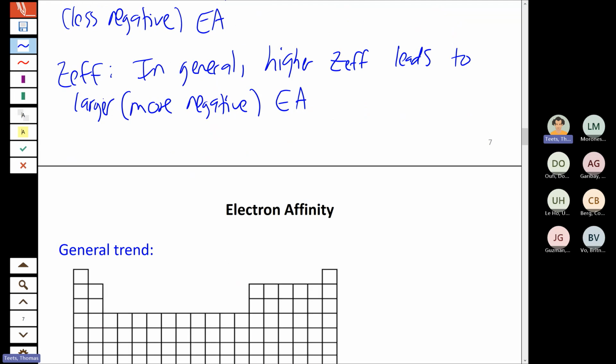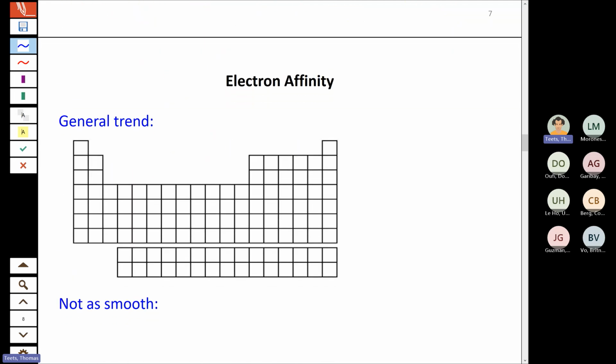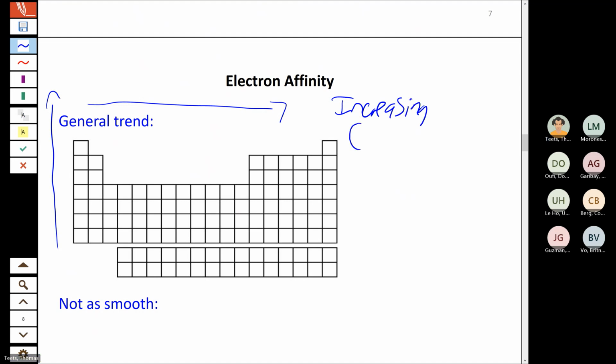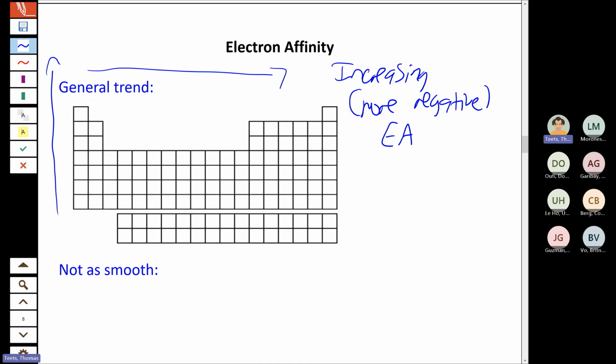All right, so if we look at the general trend for electron affinity, the general trend is the same as ionization energy. Increases bottom to top, increases left to right. So in general, your ionization energy gets larger in those directions, as does your electron affinity.